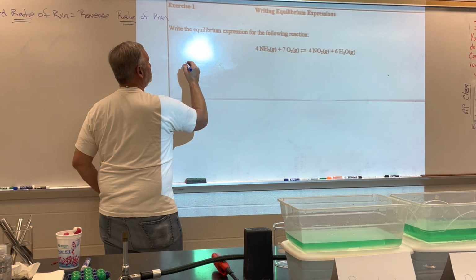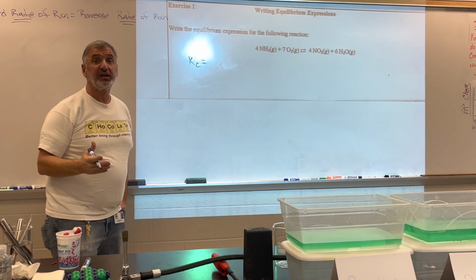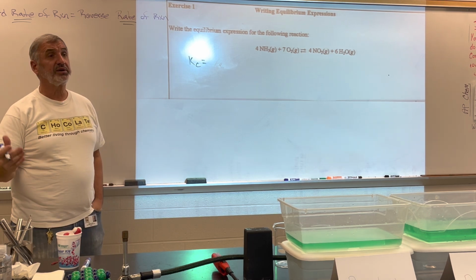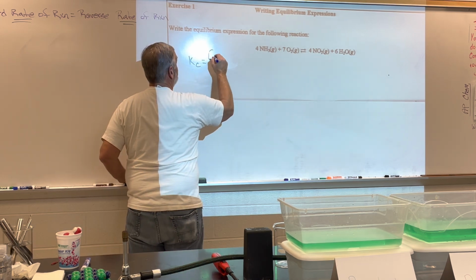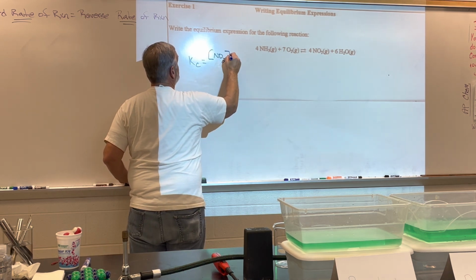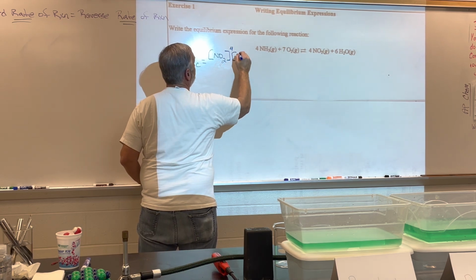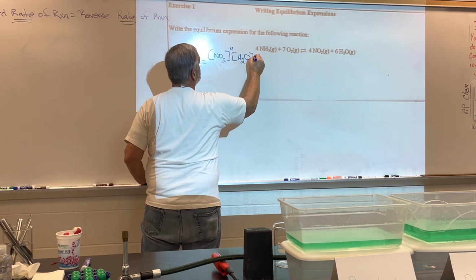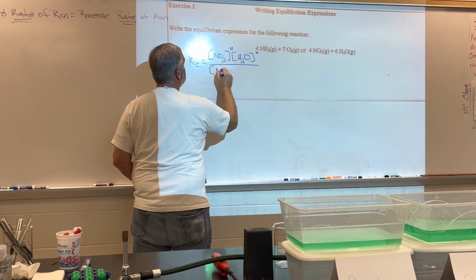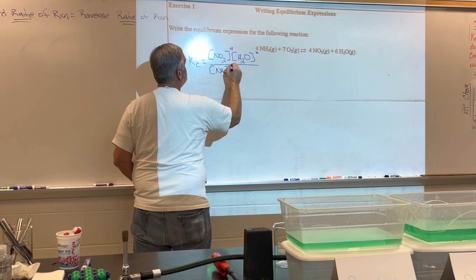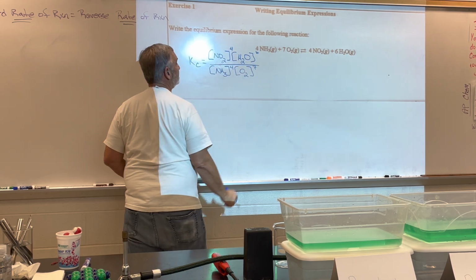Well, if I write it in terms of Kc, it's always going to be products over reactants, coefficients raised to powers. So my products, NO2, what do I raise that to? To the 4th, times H2O raised to the 6th, all over NH3 raised to the 4th times O2 raised to the 7th.